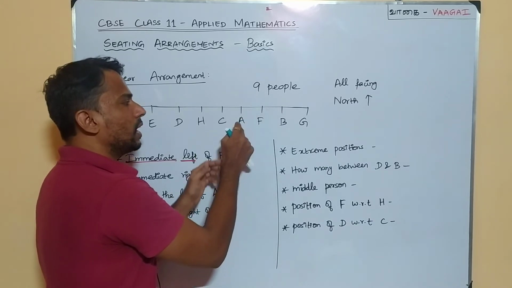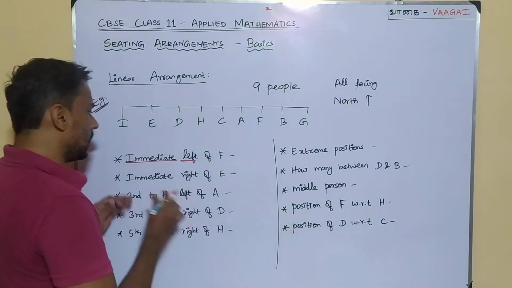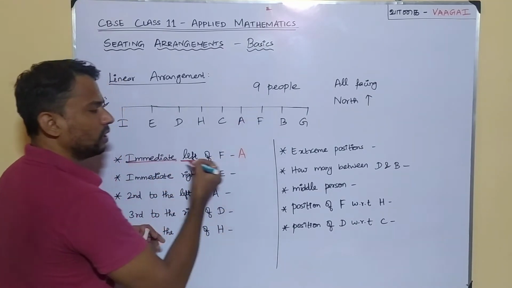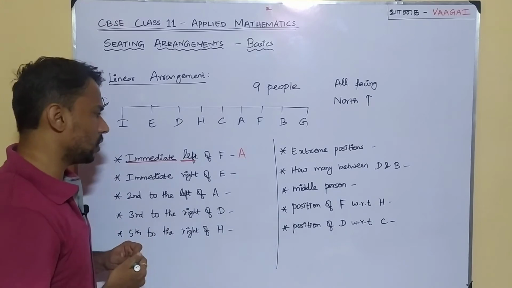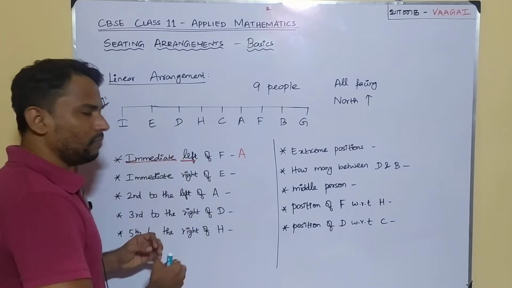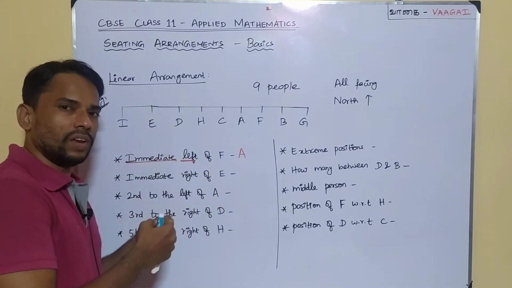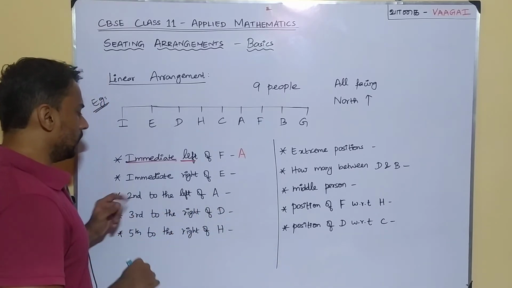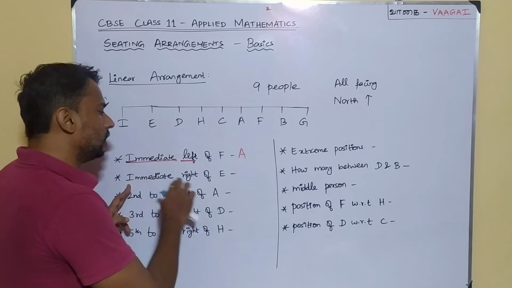Who is sitting here? A is sitting. So the immediate left of F is A, which is the answer for our first question. I hope you are able to understand this. In this same way we are going to understand and answer each and every question here. Next is: who is sitting to the immediate right of E?